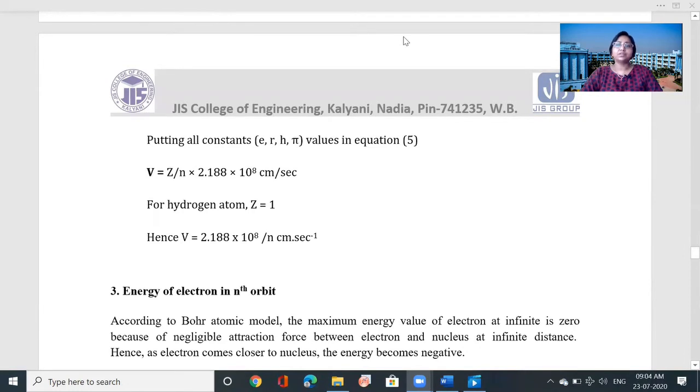So for hydrogen, you can calculate the velocity: if you take Z equal to 1, the velocity will be 2.188 into 10 to the power 8. So you calculate at home. This is the task: take n equal to 1, n equal to 2, in this way, and calculate for hydrogen.